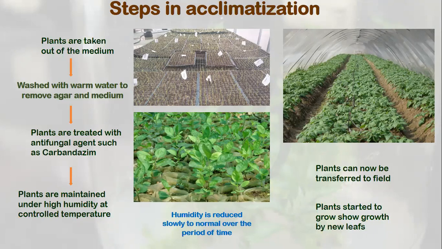They are growing under aseptic conditions. So we need to train these plants for all these processes, and this training of the plants for all these processes is called the process of acclimatization.